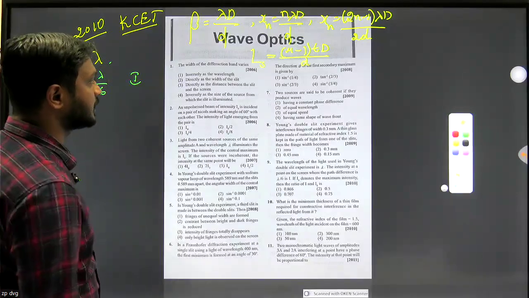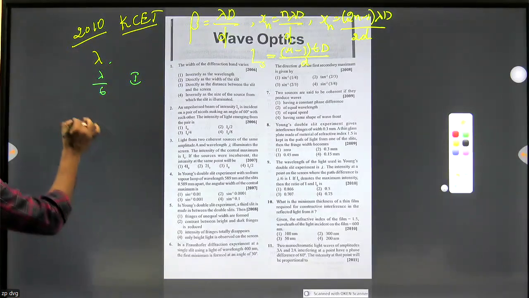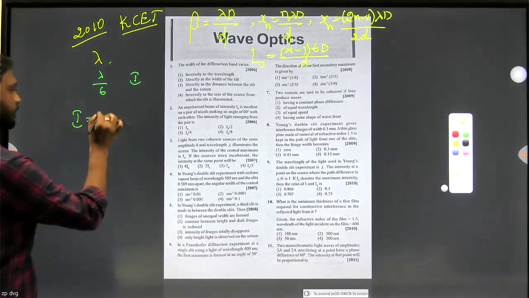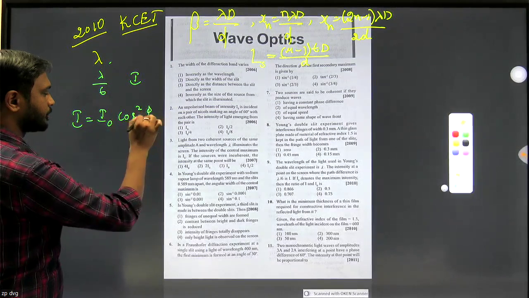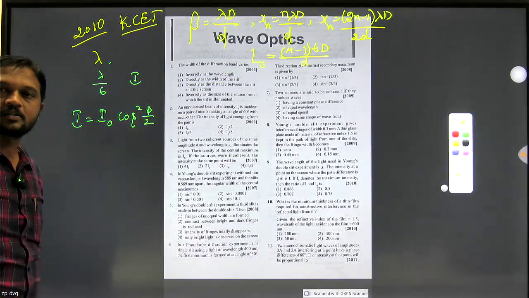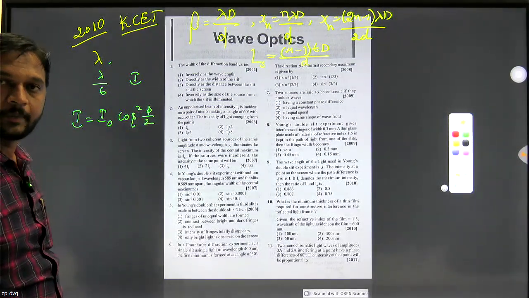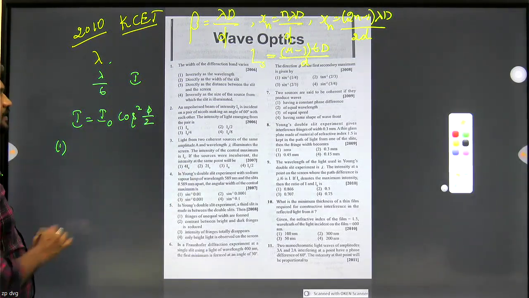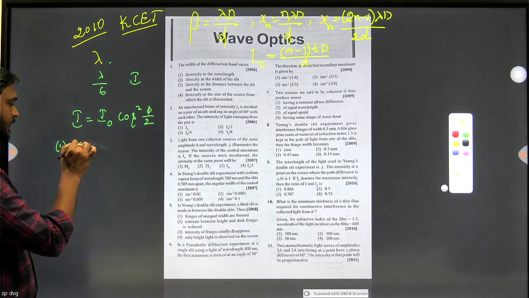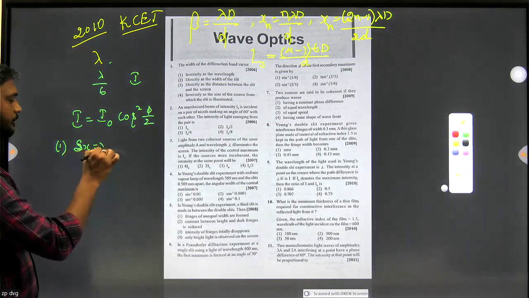As we already know, the intensity formula is I equals I naught cos square phi by 2. First, the path difference is delta x equals lambda.